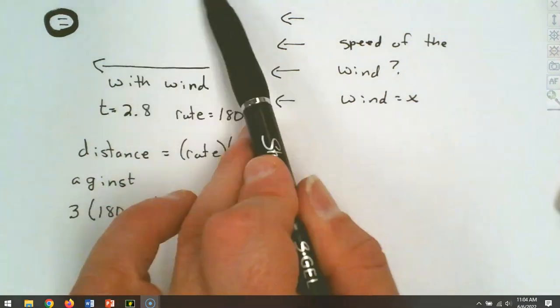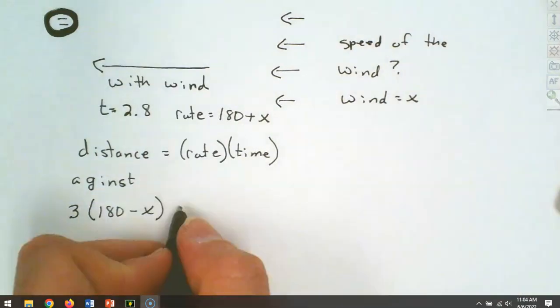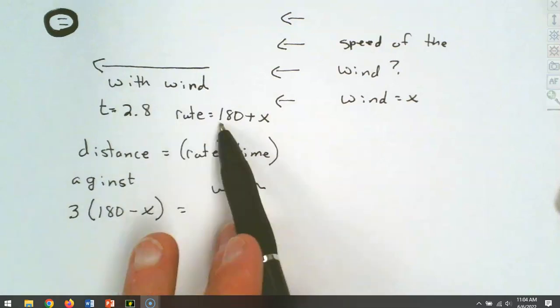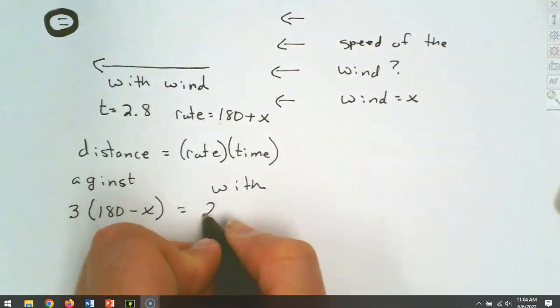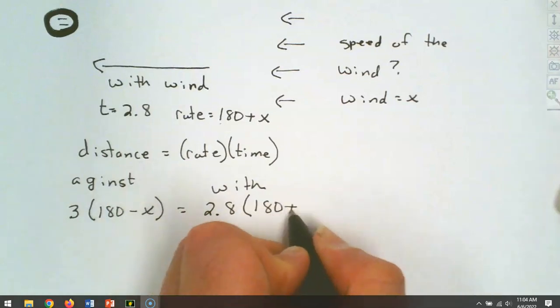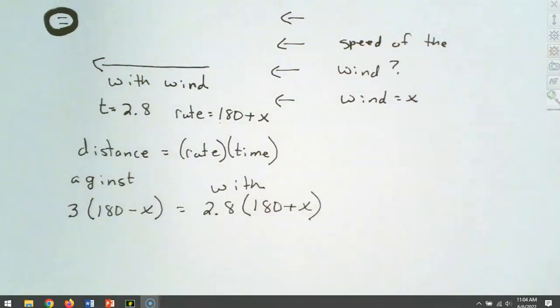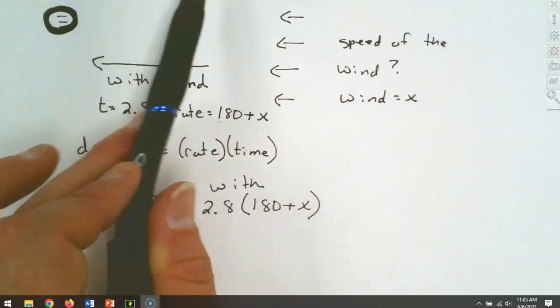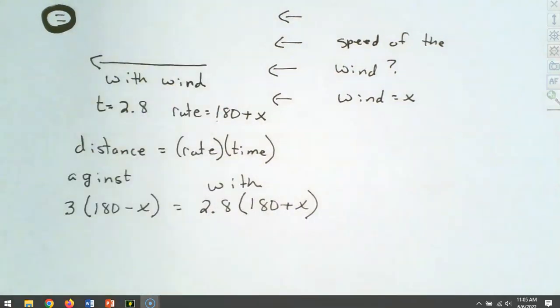Those two just get multiplied together. And when we travel with the wind, these get multiplied together, and that is 2.8 times 180 plus x. Is everyone okay with how I got that set up? So all of these, mixture, investment, and distance, these just get multiplied together.